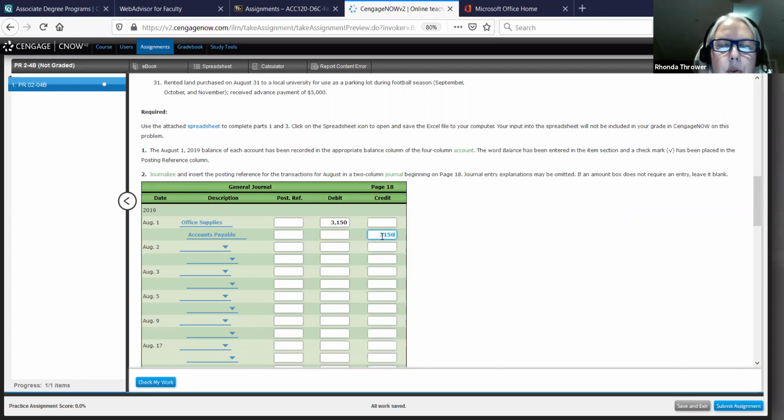You'll remember from a previous recording, the first recording that we did in this chapter, we showed T account classifications. You have to know this in order to be able to understand what to write down here.